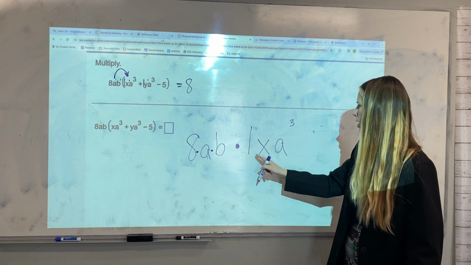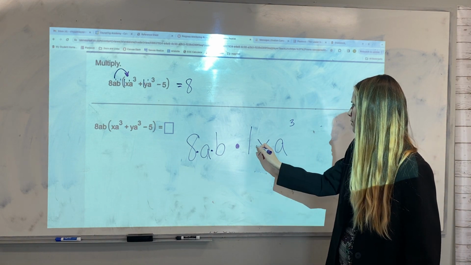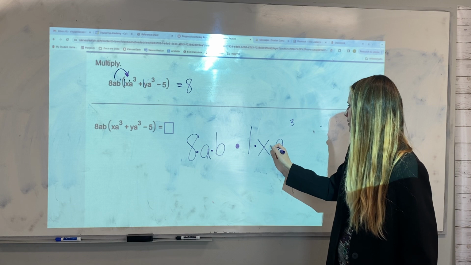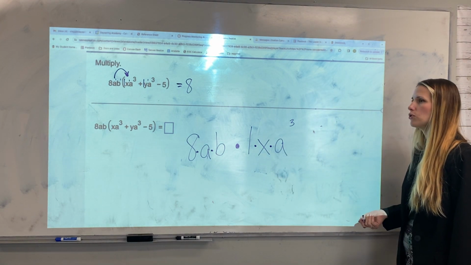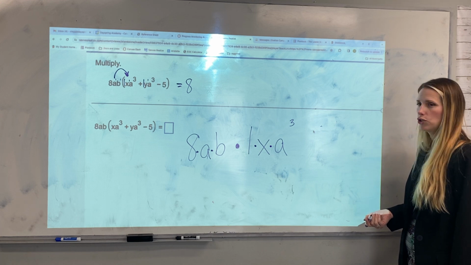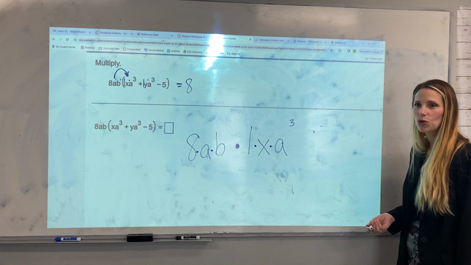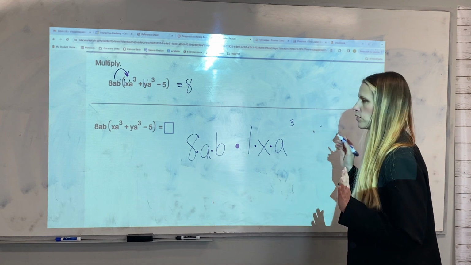Do you agree that 1xa cubed is the same as 1 times x times a cubed? Do you have to do this every time you solve one of these problems? No, but I'm doing this to show you what's happening. So I'm going to go ahead and rewrite it again.